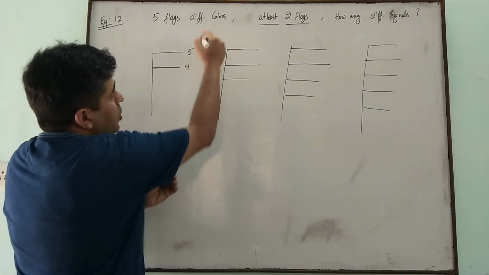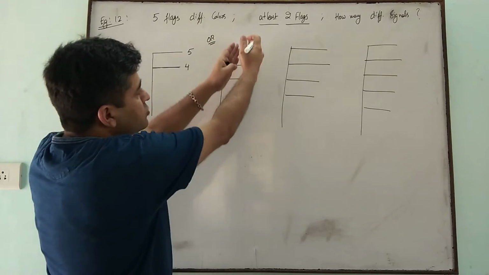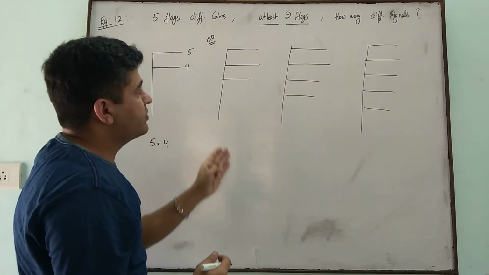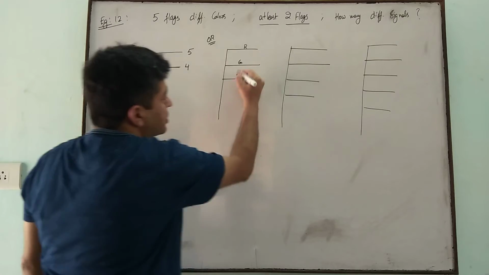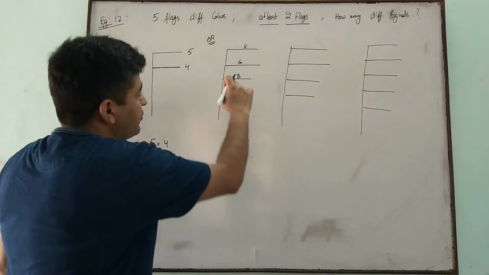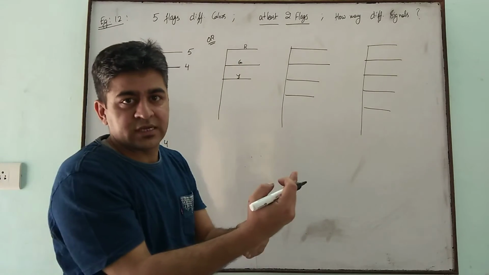Either this case or this case, where we are using 3 flags. 3 flags, suppose red, green and blue, gives a different signal. If it is red, blue and yellow, that gives a different signal.